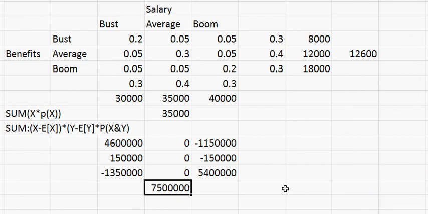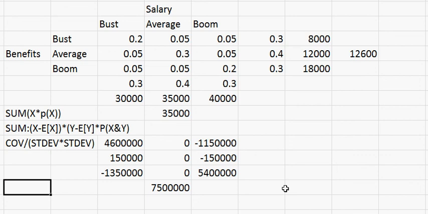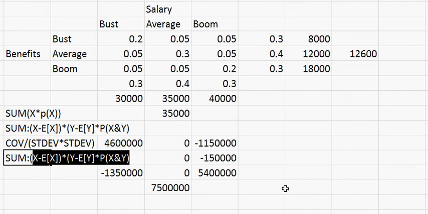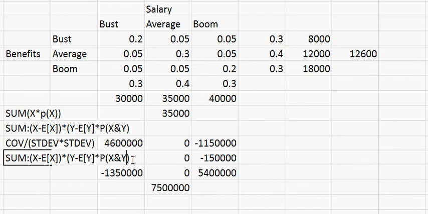Now if we're interested in the correlation coefficient, we can do the covariance divided by the 2 standard deviations. So let's do that now. We need to calculate the variance of X and the variance of Y. The variance of X is defined to be the covariance of X with itself.